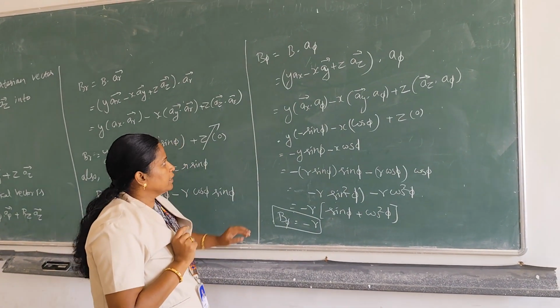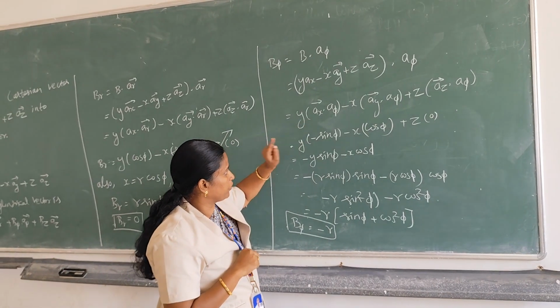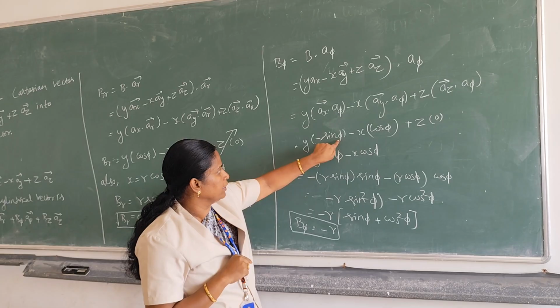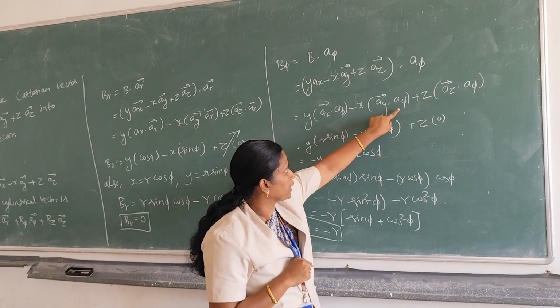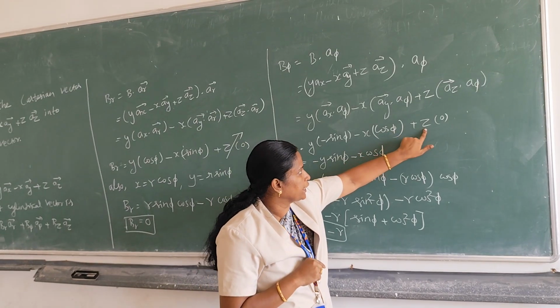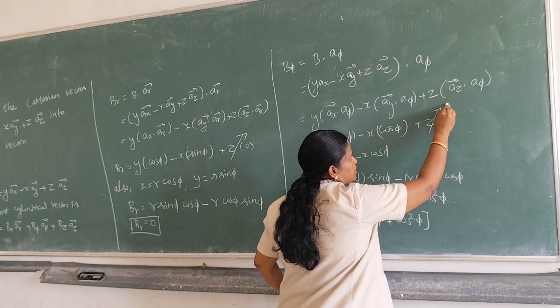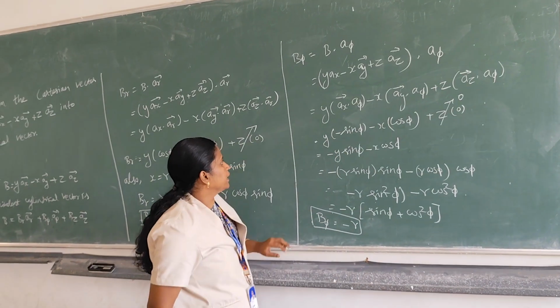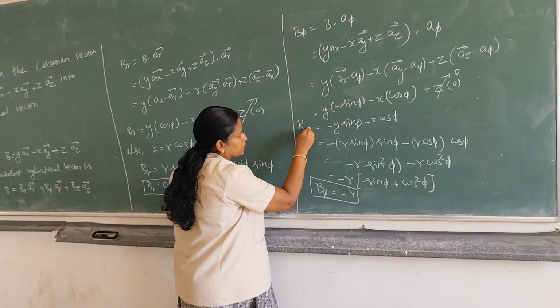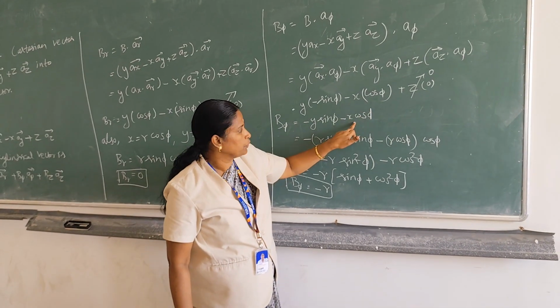According to the table, Ax dot A phi becomes minus sin phi, Ay dot A phi becomes cos phi, and Az dot A phi is 0, so that term becomes 0. So B phi becomes minus y sin phi minus x cos phi.